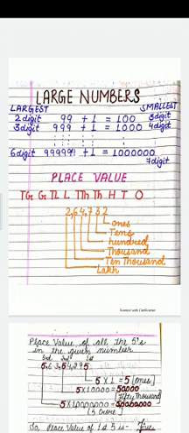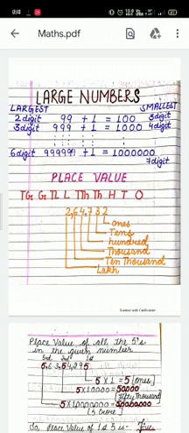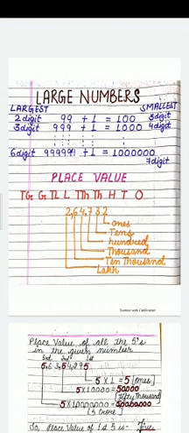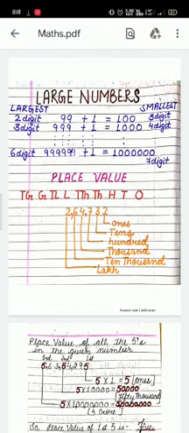Here, the things you can see on the screen are written as largest two-digit number, largest three-digit number, and largest six-digit number on the left hand side. And on the right hand side, you can see the smallest three-digit number, smallest four-digit number, and smallest seven-digit number.